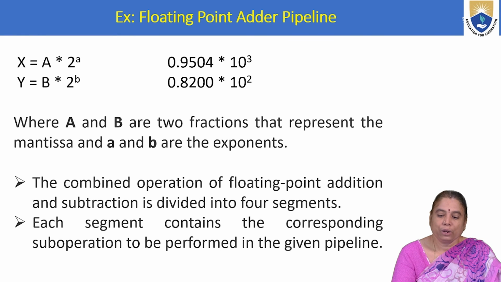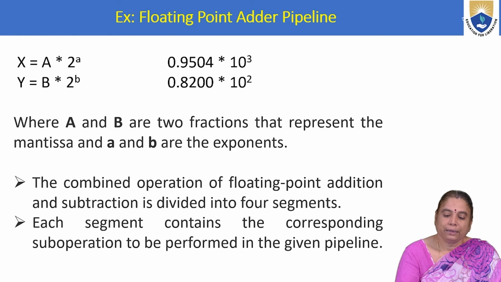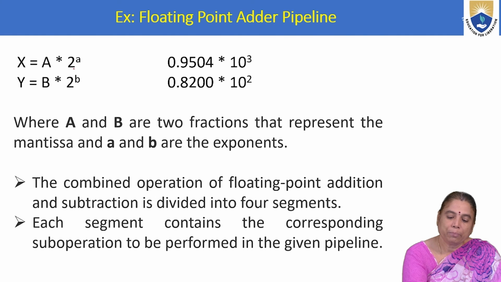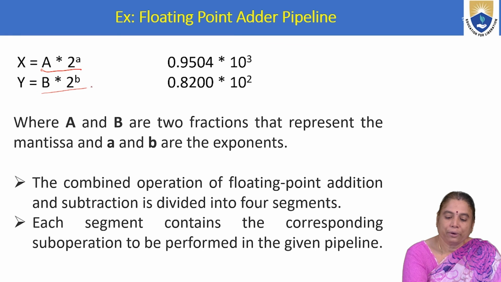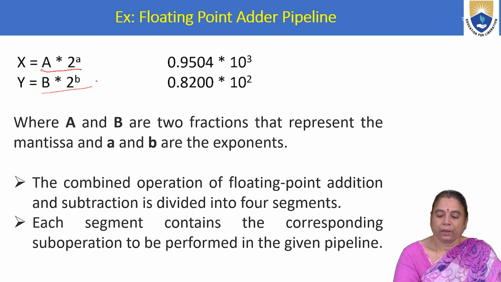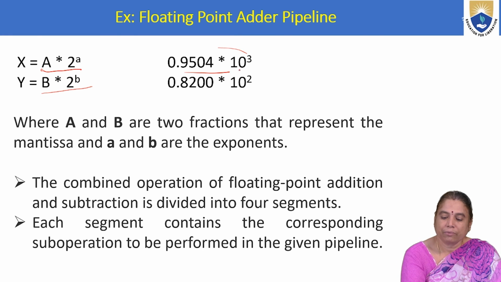Consider one example here, that is the floating point adder pipeline. Two floating point numbers are considered: X is A times 2 to the power a, Y is B times 2 to the power b, and the numbers considered for X and Y are these.